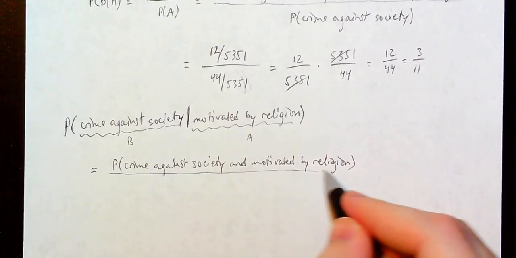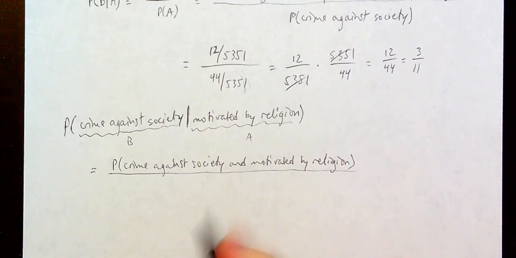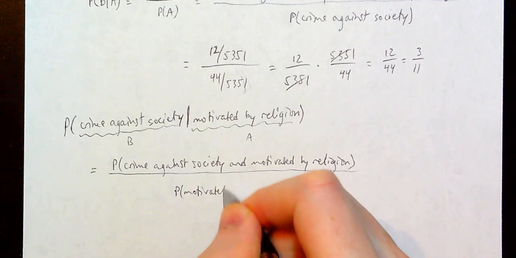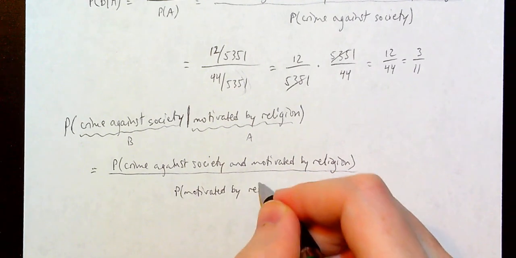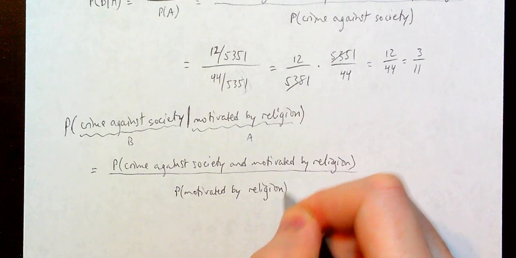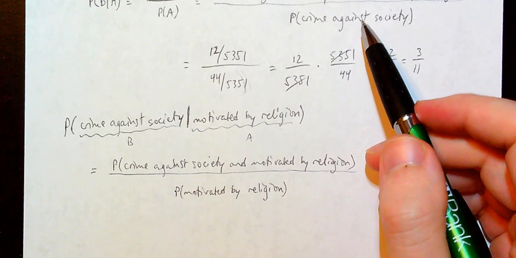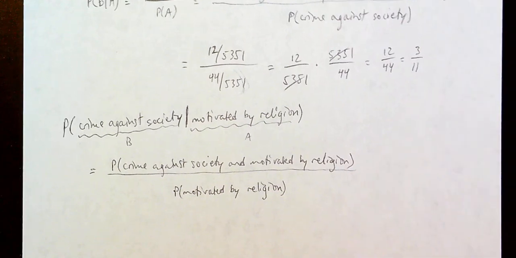But now this is going to be divided by the probability that it was motivated by religion, not the probability that it was a crime against society like we had in our previous problem.